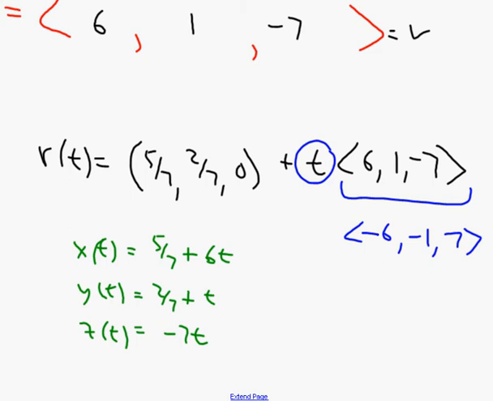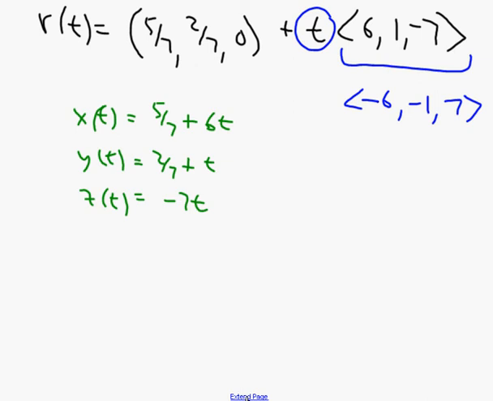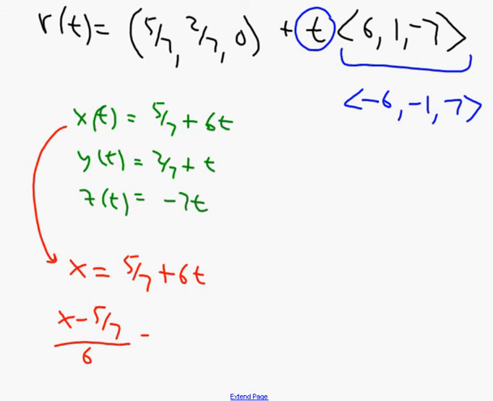All right, and then lastly, don't forget this is a symmetric equation of a line. You get that by taking the first one: x equals 5/7 plus 6t, and you can solve for t. You get (x minus 5/7) over 6 equals t. You can continue to do that for each of the other components, and what you'd end up with is 3 expressions equaling t. Here would be the second one: y minus 2/7 over 1, really.